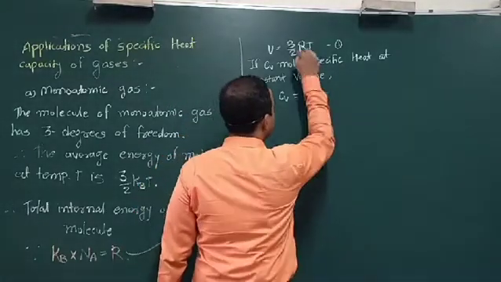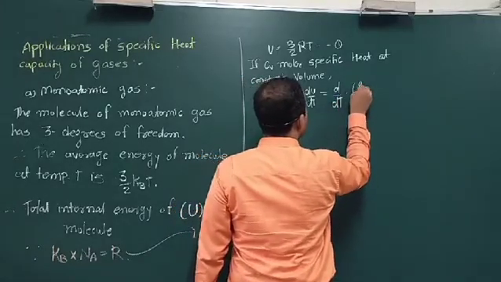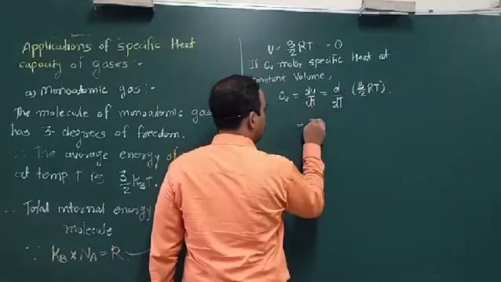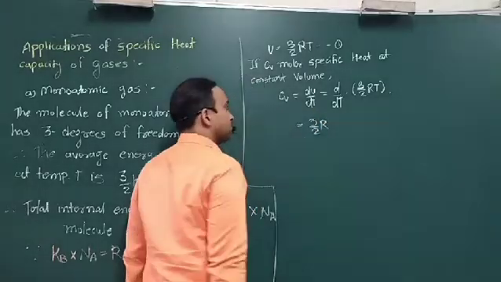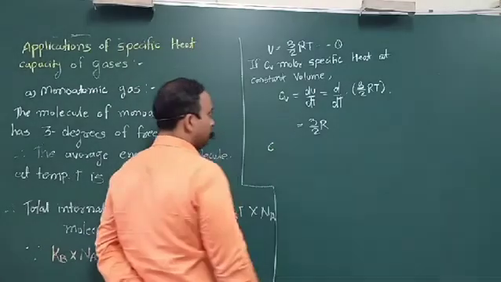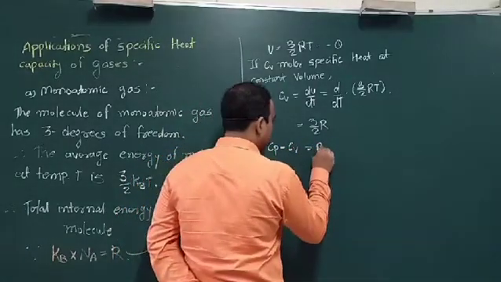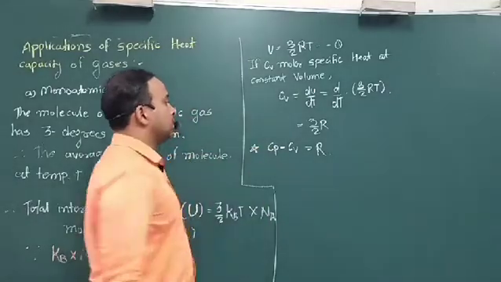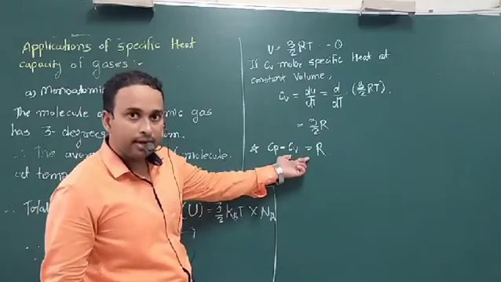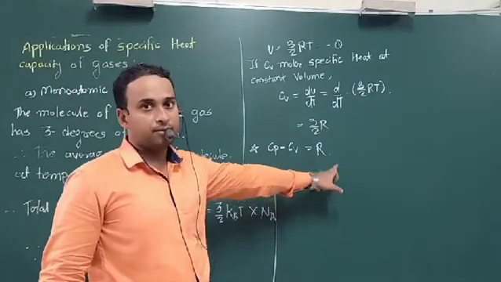Substituting the value of U, that means d/dT of 3/2 R T. Finding the derivative, we get 3/2 R. We know the relation between Cv and Cp: Cp minus Cv is equal to R. Remember this: molar specific heat at constant pressure minus molar specific heat at constant volume is equal to the universal gas constant. This is most important.